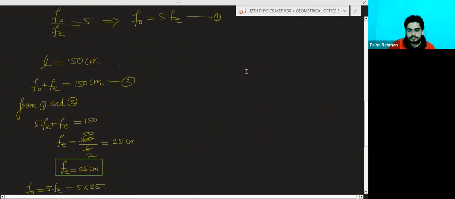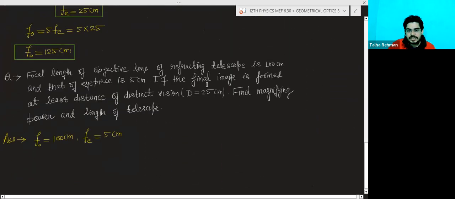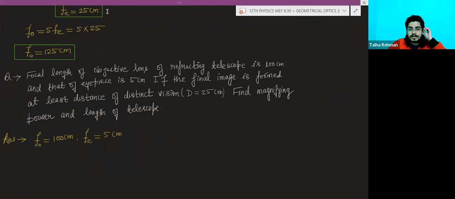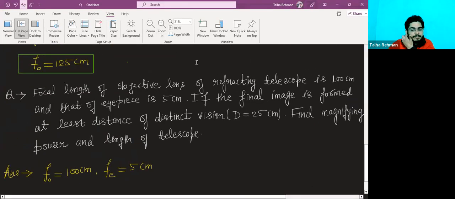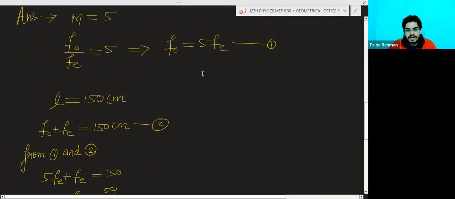So in this case the final image is formed at D. Find the magnifying power. In case of the maximum magnification, what is the magnifying power?